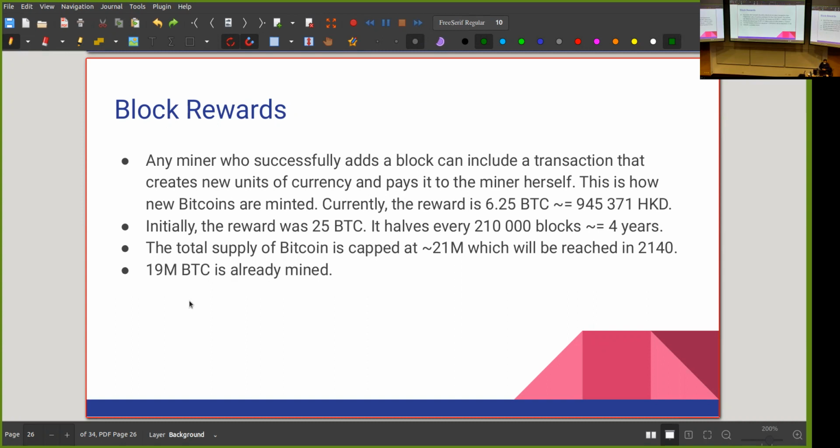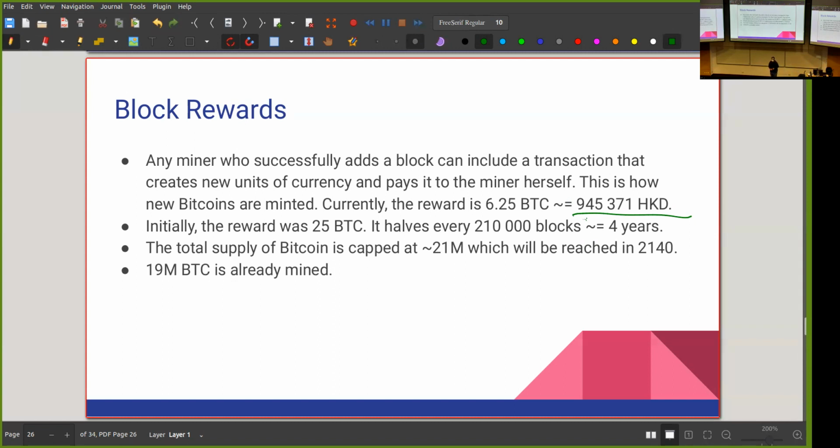And right now the reward is 6.25 Bitcoins for every block that you can mine. So I just checked the rate before this talk, and it's around this much in Hong Kong dollars, 945,000. Okay. So this is how new units of Bitcoin are created, and this is how the miners are paid for their services.